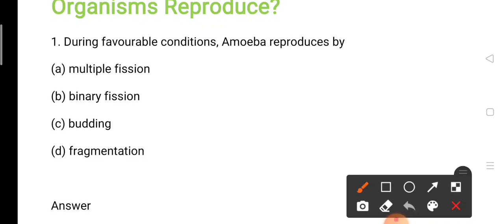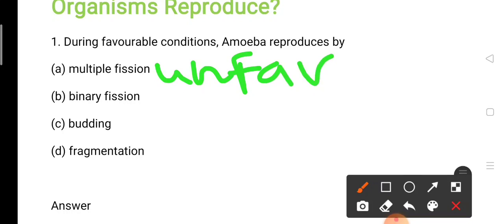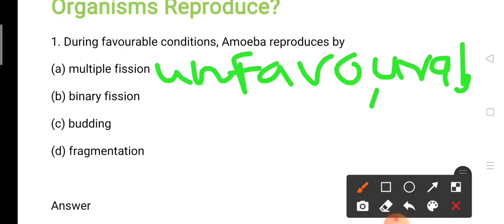Multiple fission occurs in amoeba, but it does not occur in favorable condition, it occurs in unfavorable condition. It is the mode of reproduction to face the unfavorable condition for the amoeba, like the drought condition.